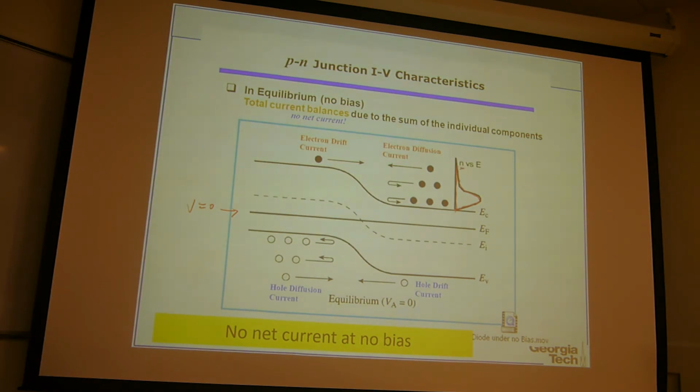This is the electron density versus the energy level. So you know there are two factors that determine this distribution. One is the density of states. One is the Fermi function, the probability. So at the very bottom here, the probability is high, but you don't have too many density of states. As you increase the energy, move up, you have more density of states, but the probability will be low.